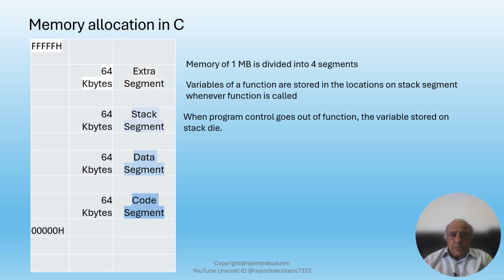When control of the program goes out of the function, the variables stored on the stack are not available thereafter. We say that the variables die when the program control comes out of the function.